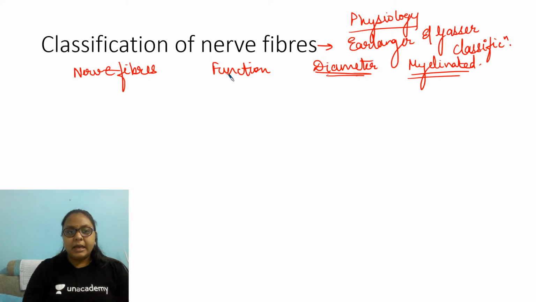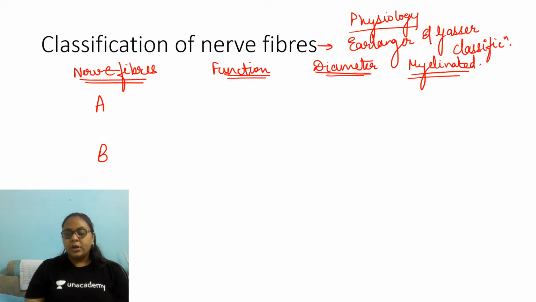So depending on this, Erlanger and Gasser broadly classified the nerve fibers into A, B and C type.